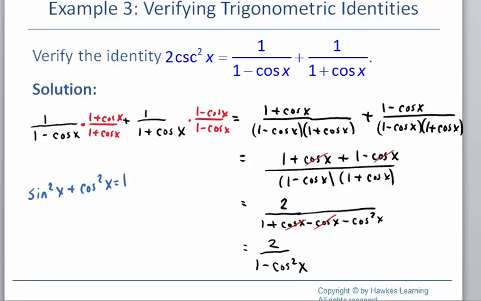So I'm going to subtract the cosine squared from both sides. That gives me sine squared x is equal to 1 minus cosine squared x. So this denominator, 1 minus cosine squared, is the same thing as sine squared. So I'm going to go ahead and put that in.